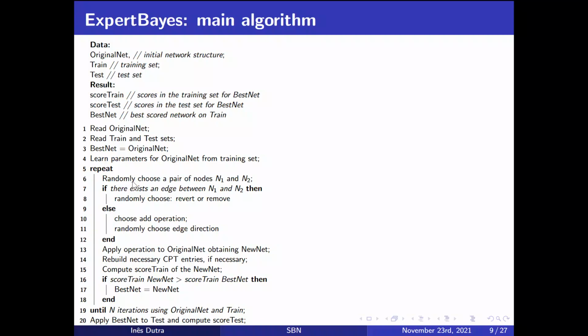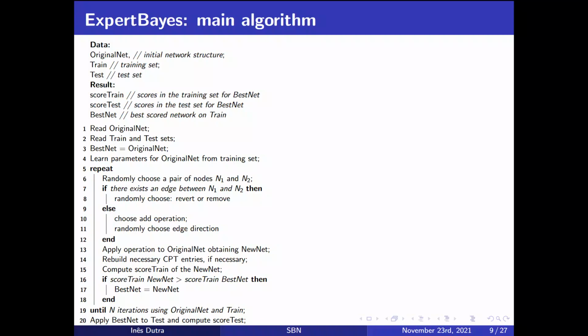And then we keep repeating, randomly choosing a pair of nodes from the original network, changing the original network and then changing it again. All of the changes that we do are on the original network itself.